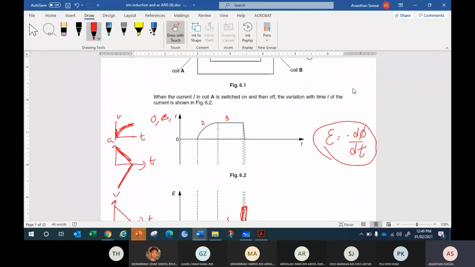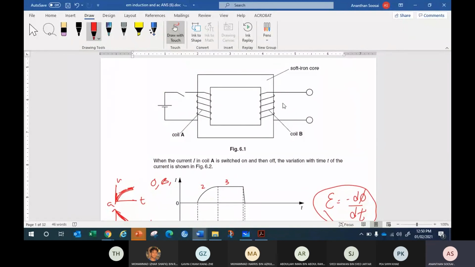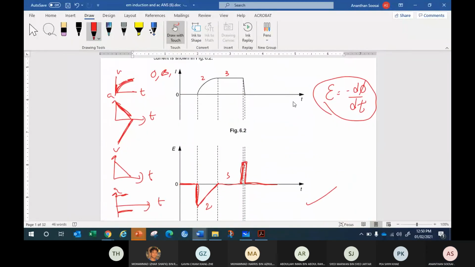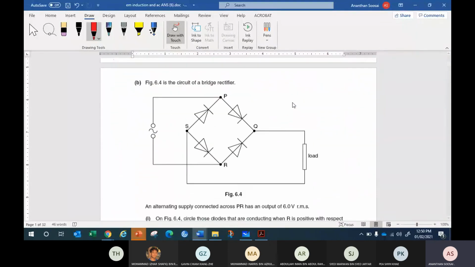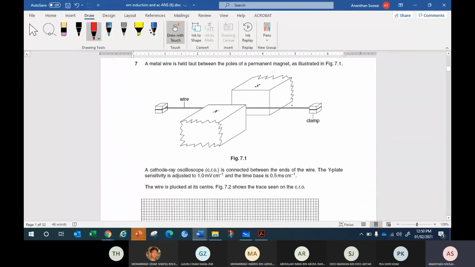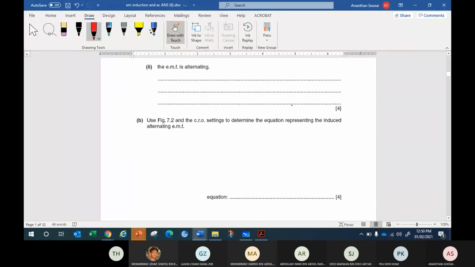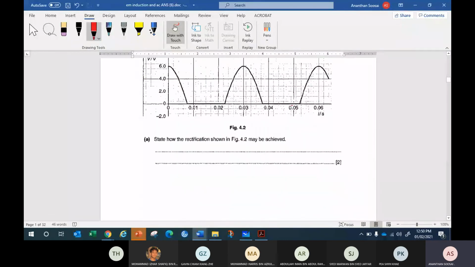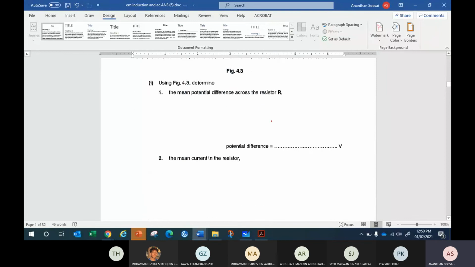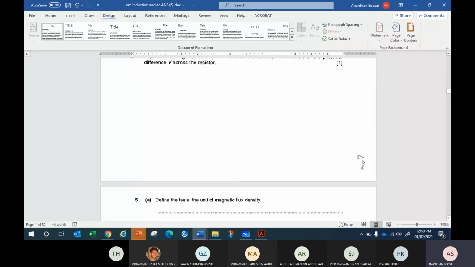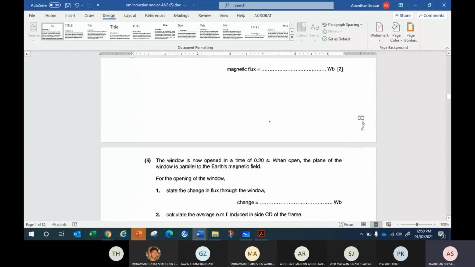Any questions, guys? So this is your transformer. You have many questions here, so why not do them as homework? We'll spend maybe about half an hour next class discussing these questions.